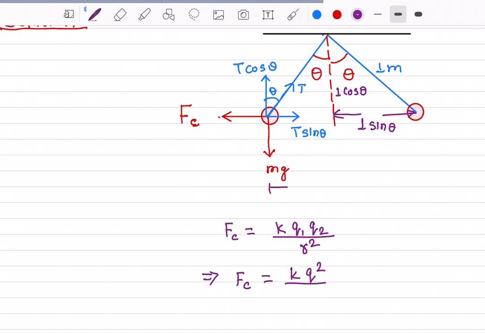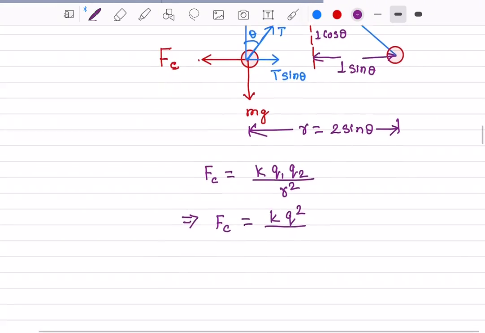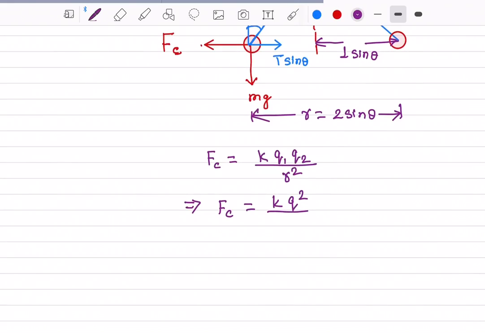So what is the total length now? The total length is 2 l sine theta. So R, the distance between the two charges, is given by 2 l sine theta.